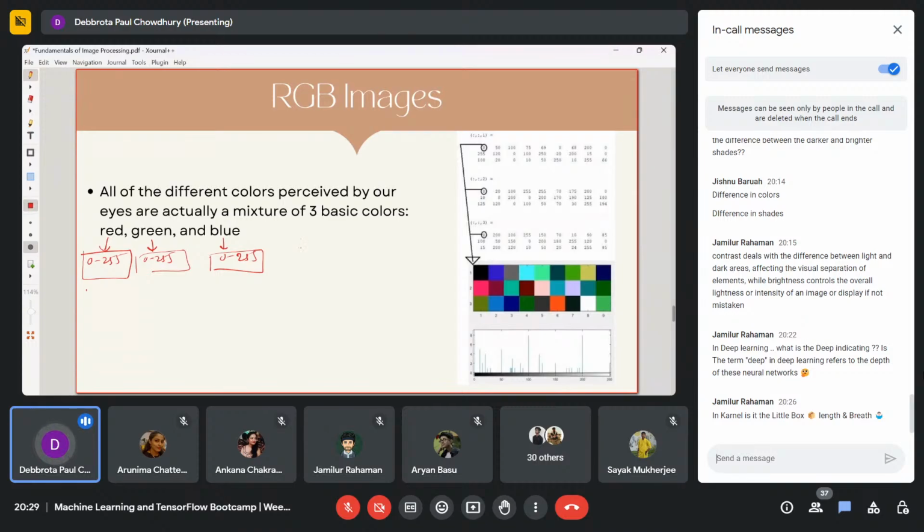So whenever we see something on our screen, it consists of three channels. This one is one channel. In grayscale, there would be just one channel, the gray channel. But in RGB, we have three channels.